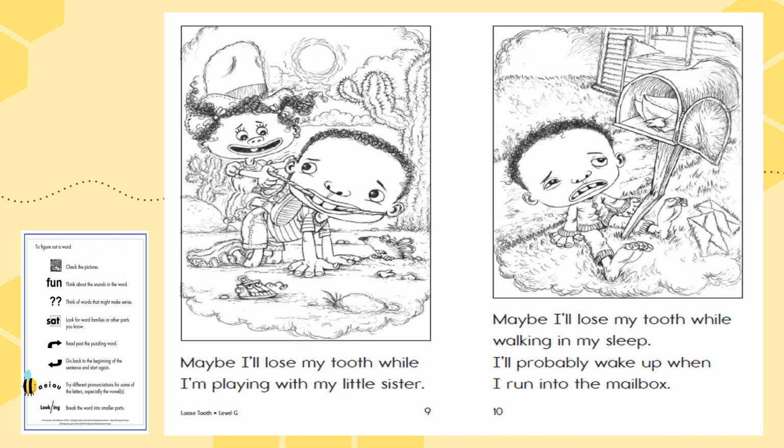Maybe I'll lose my tooth while I'm playing with my little sister. Let's make another inference. Let's infer what they're pretending to play. So our evidence is I'm playing with my little sister. And if we look at the illustration, we see his little sister is on his back.